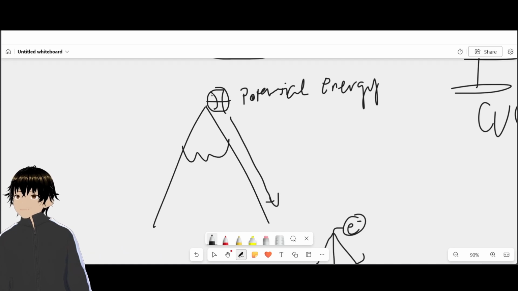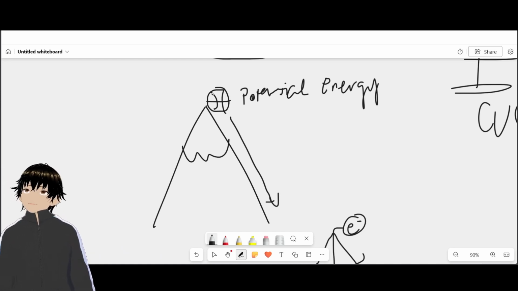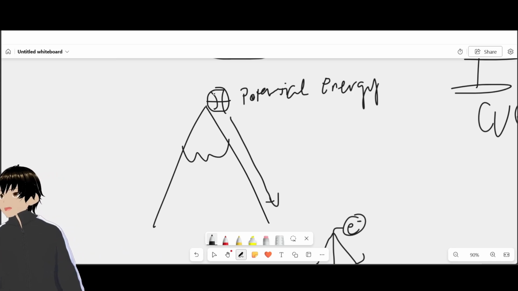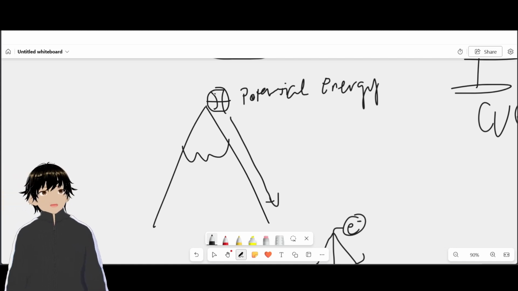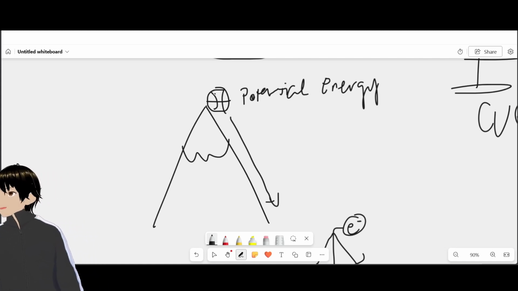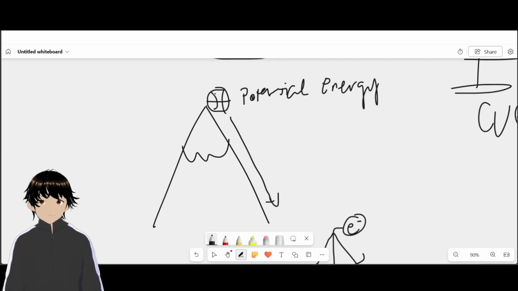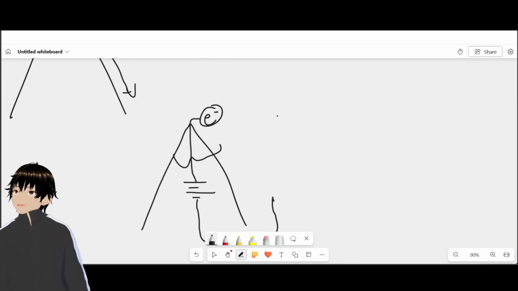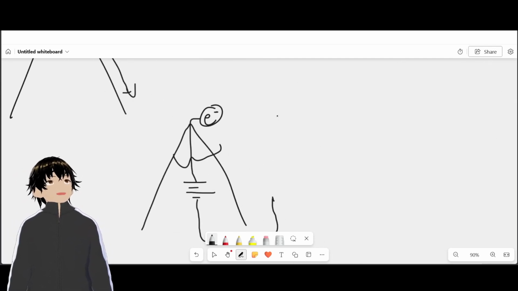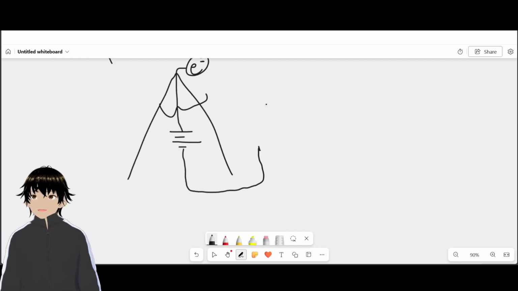If you go back to the ball analogy earlier, in a mountain you can imagine that there are trees, there are bears, there are several rocks that could be hindering the sort of downward flow of the ball. And the same analogy, or the same thinking, could be applied to the way currents work.